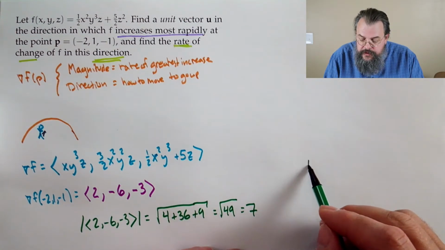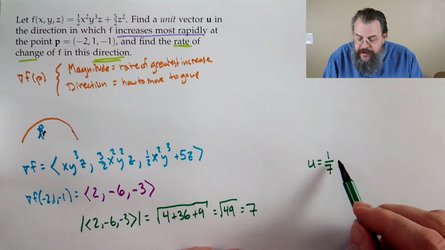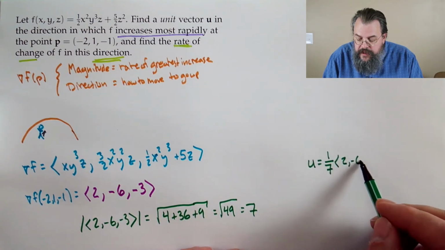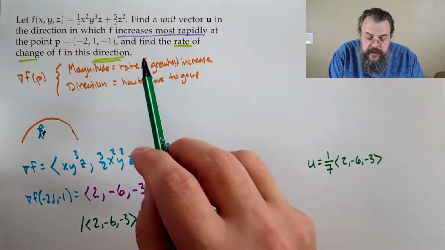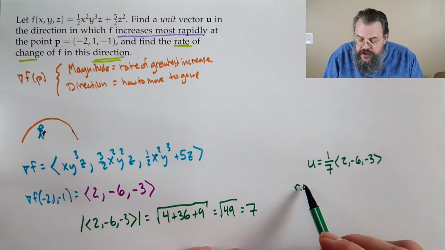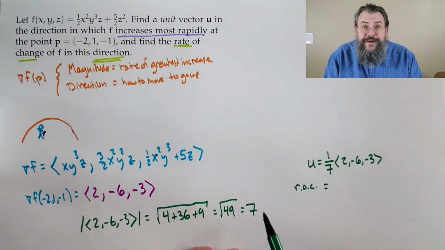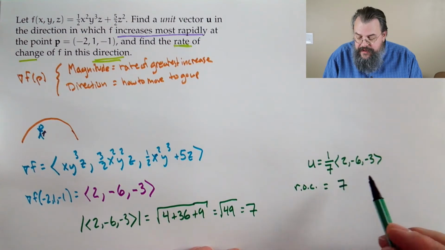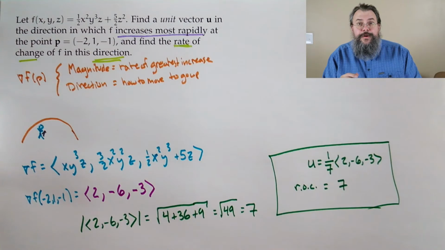So our u is 1/7 of 2, negative 6, negative 3. And find the rate of change. So we can say, look, our rate of change, I'll just abbreviate ROC, that's the magnitude of it, is 7. So we're done.